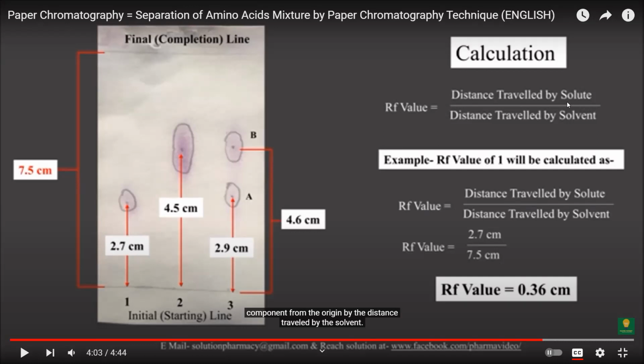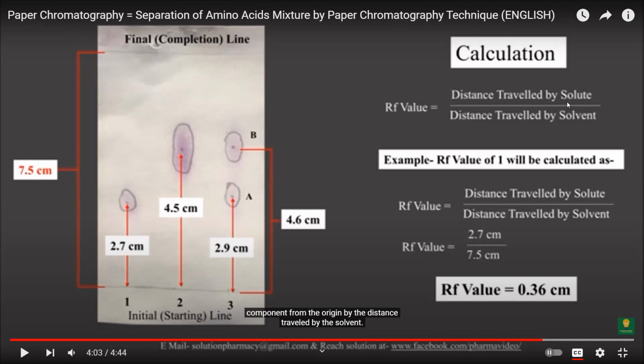So that is the distance traveled by the solvent. And for the ninhydrin spots, the distance that you measure from the starting line to the center of the spot becomes your distance traveled by the solute. So the RF value, or the retention factor as it is called, is equal to distance traveled by the solute divided by distance traveled by the solvent.